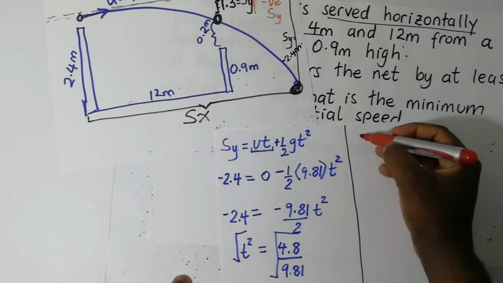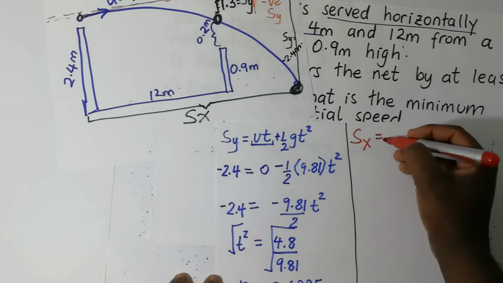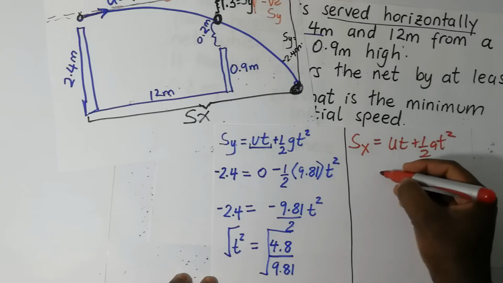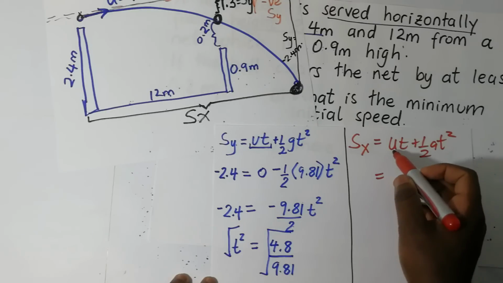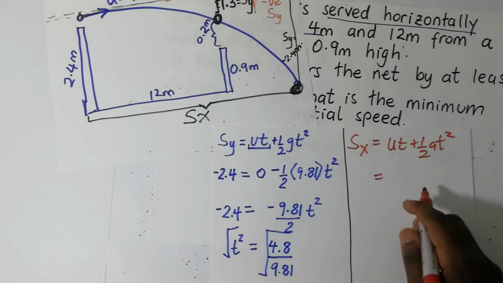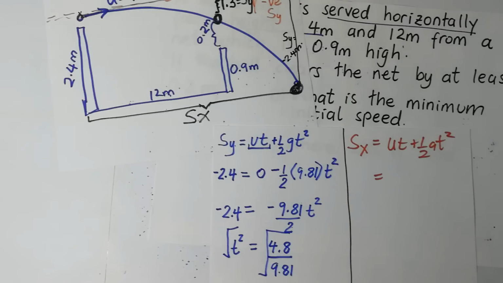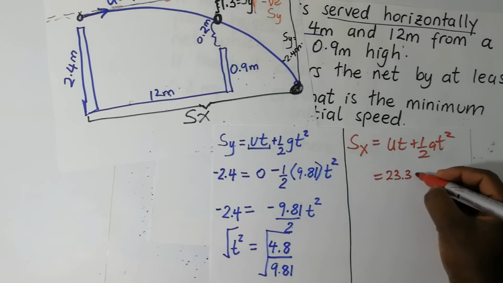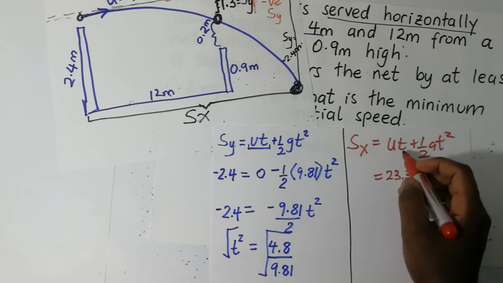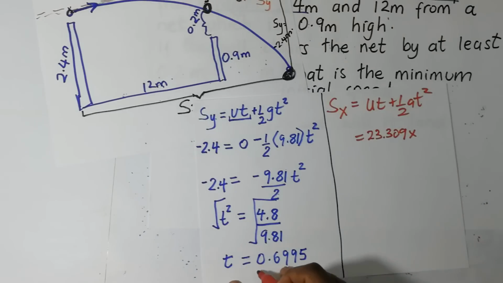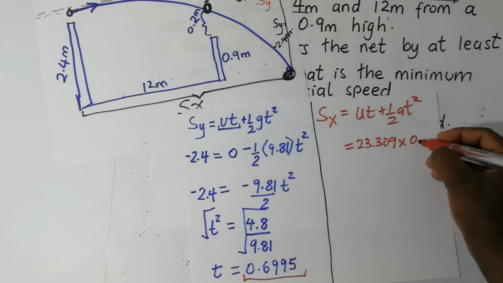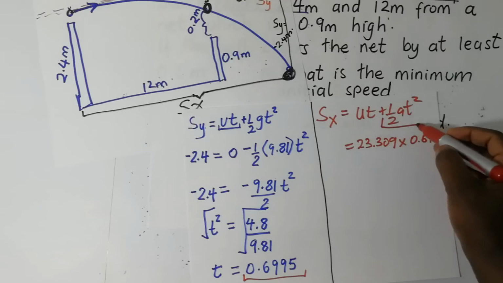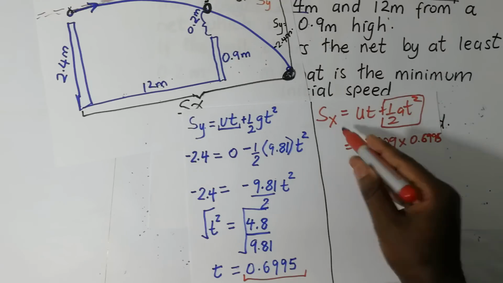Displacement in the x direction, sx, is going to be the same, ut plus a half at squared, and this is equal to the u we got earlier, 23.309, multiplied by the time taken to reach there, 0.6995. Remember, the second term is 0 in the x direction.